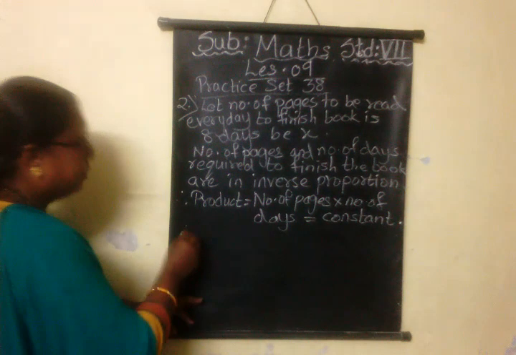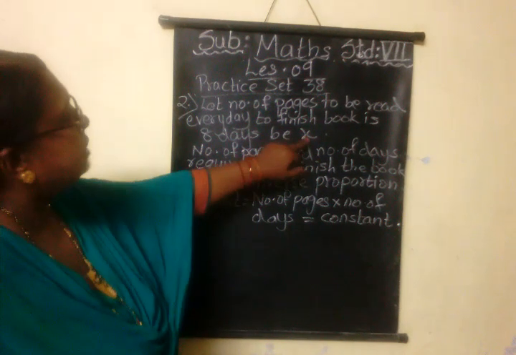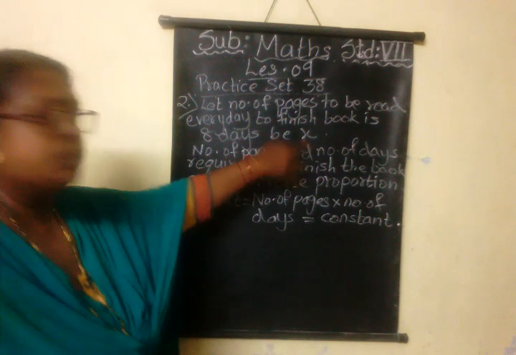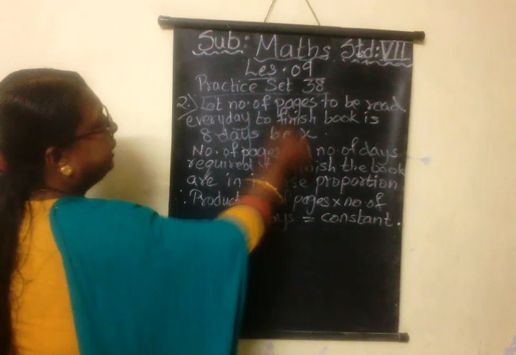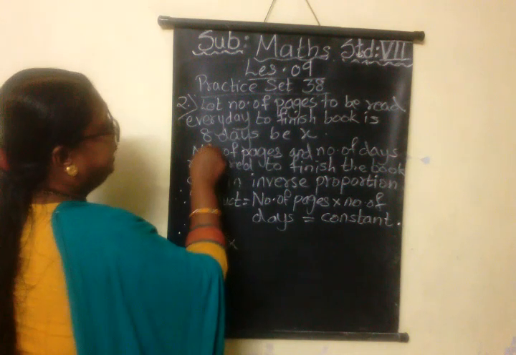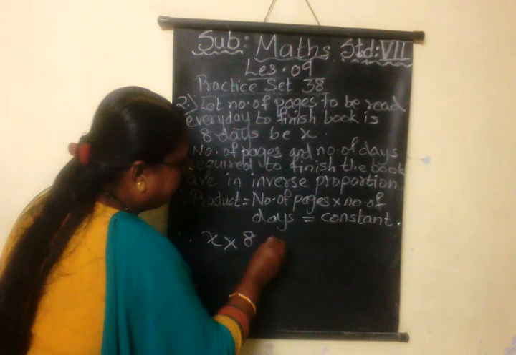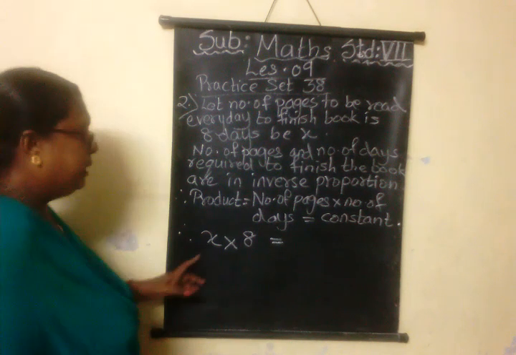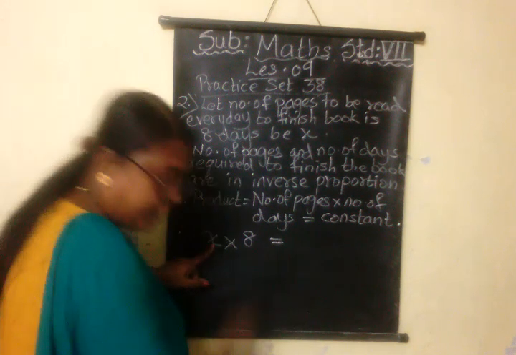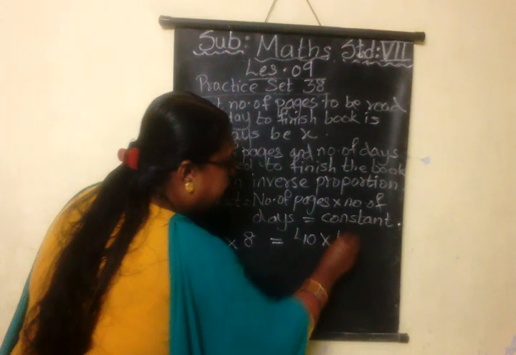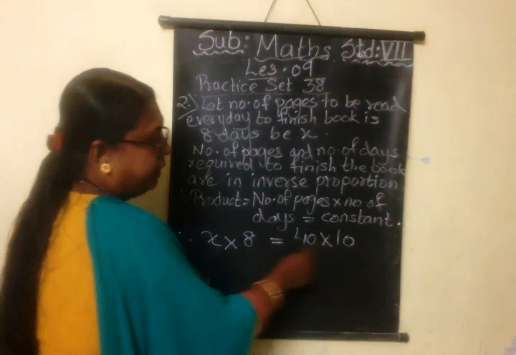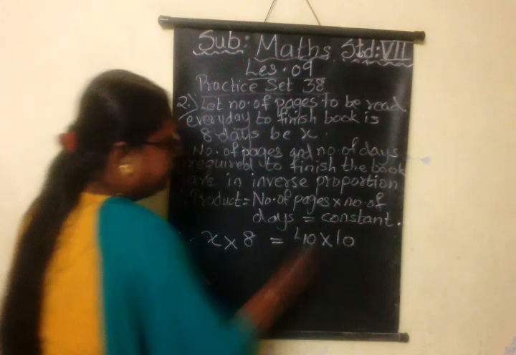Okay, therefore, now we have taken X number of pages, right? So first I'll write X. X number of pages you have to complete in how many days? 8 days. So X into 8 is equal to, he completes how many pages in one day? 40 pages in 10 days. First number of pages you have to write and then number of days, right?